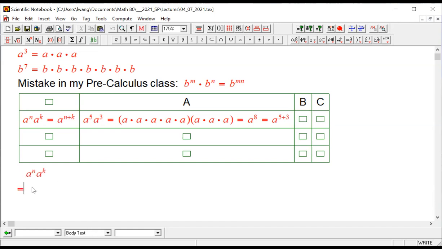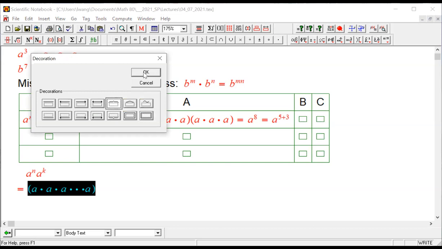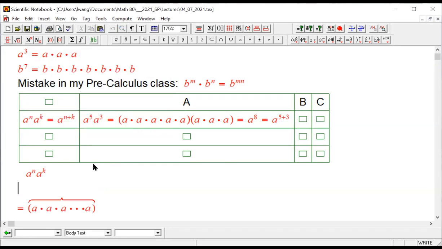A to the power n means a times a times a. How many times? N times, right?